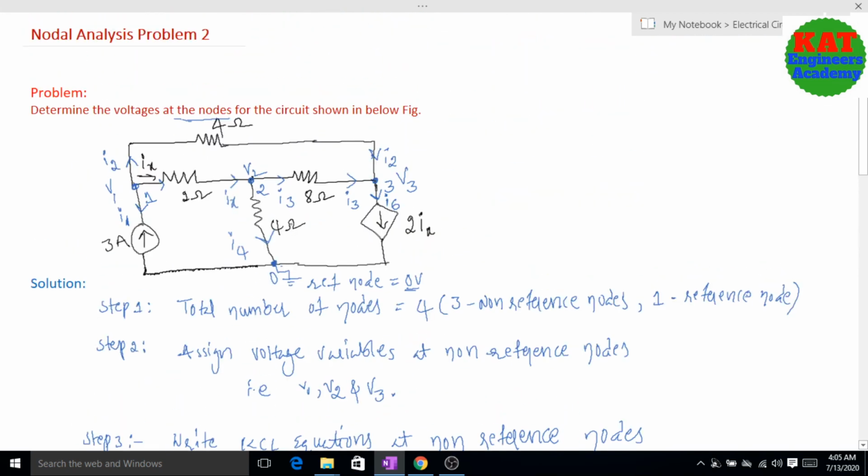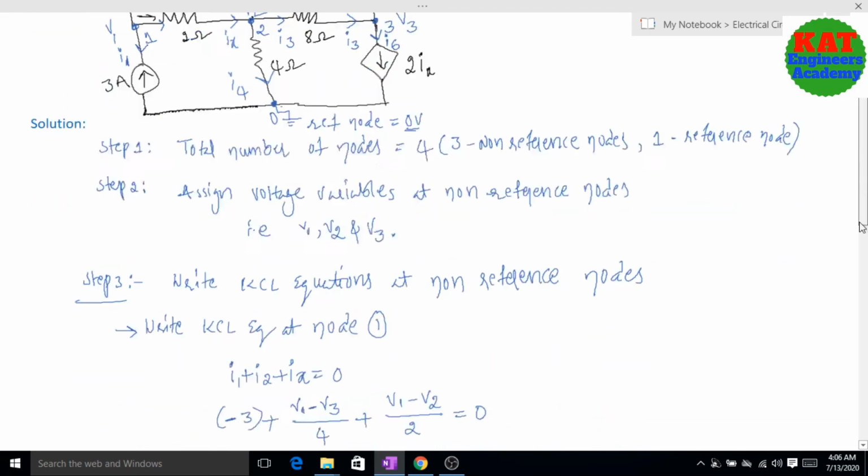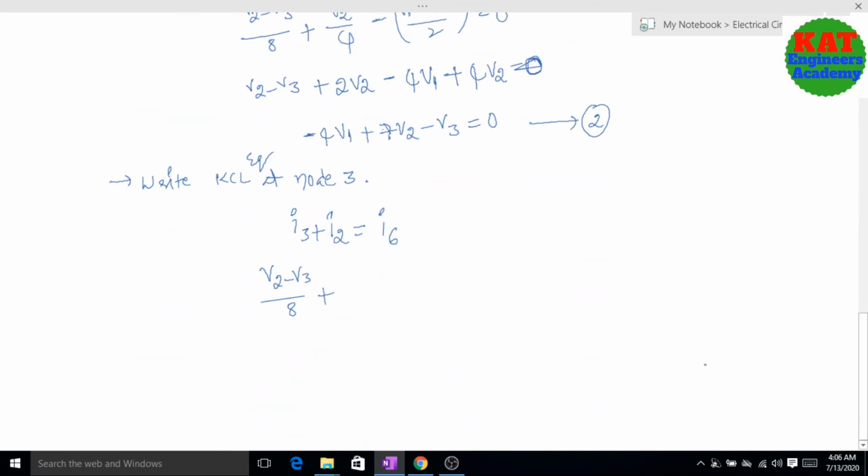I2 is the current flowing from V1 to V3, so the higher potential is V1 and the lower potential is V3. So I2 is V1 minus V3 by 4, equal to, next, I6.